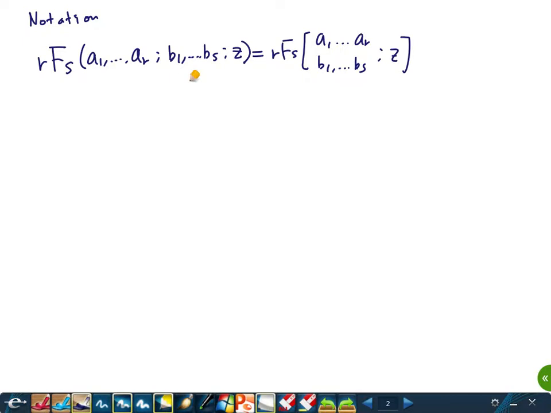They are the same, and the definition is the sum over n from 0 of (a1)_n through (ar)_n, over (b1)_n through (bs)_n and n factorial, times z to the n. So in the numerator we have Pochhammer symbols with the numbers in the first row. In the denominator we have the product of the Pochhammer symbols with the numbers in the second row, and we have n factorial. You don't want to forget this, all right?